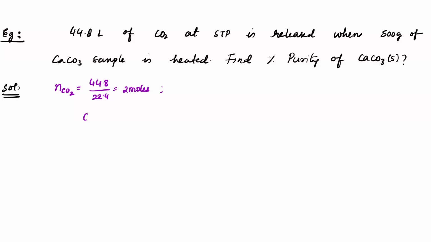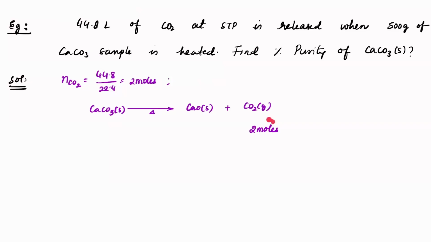We have to backtrack, assuming that the calcium carbonate on heating is giving us calcium oxide plus carbon dioxide gas. So here we have 2 moles. And if this is 2 moles, ideally how many moles of calcium carbonate must be required? For every 1 mole, I would require 1 mole of calcium carbonate.